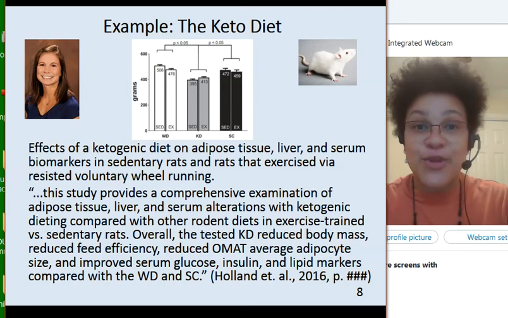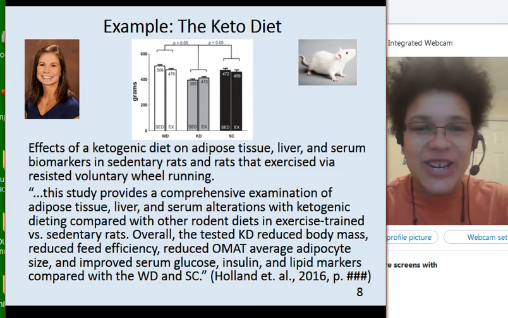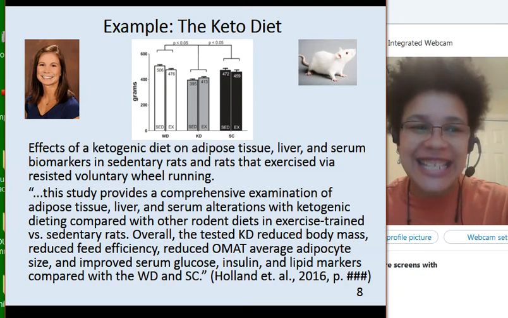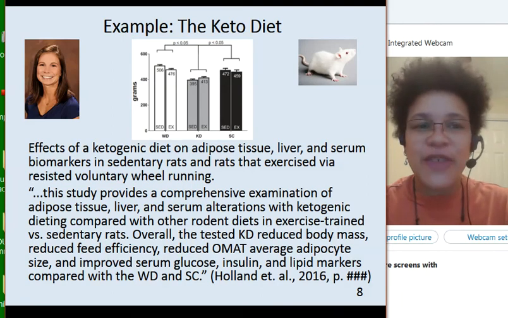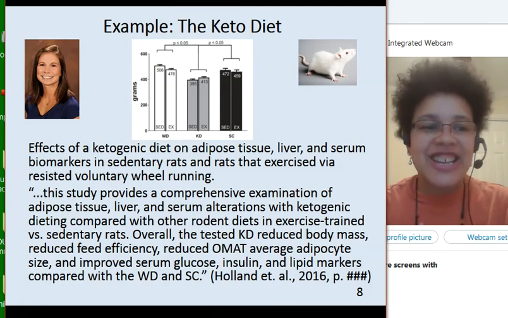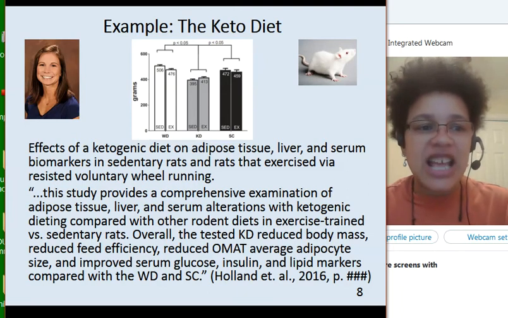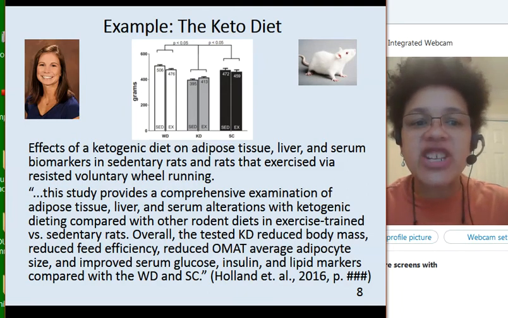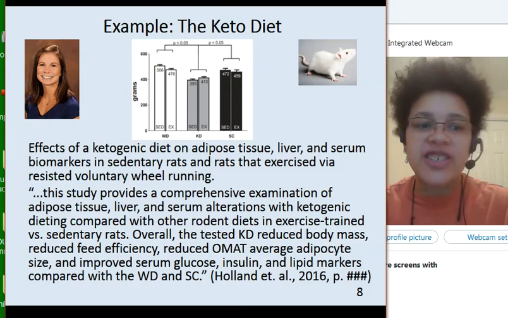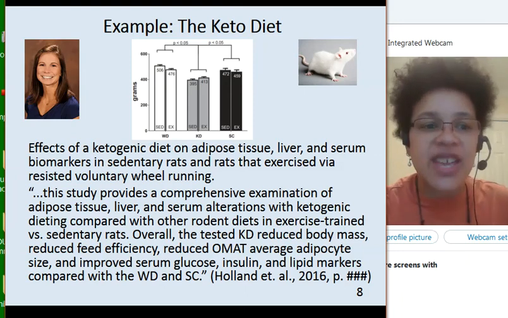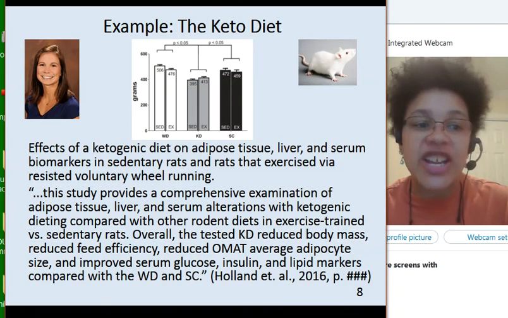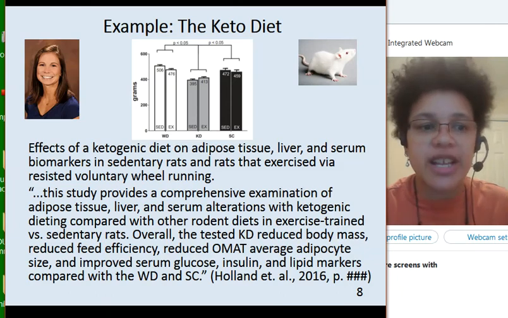So here's an example: the keto diet, or ketogenic diet. One of our wonderful professors, Dr. Holland, here at Augusta University, wrote a paper with colleagues titled "The Effects of a Ketogenic Diet on Adipose Tissue, Liver, and Serum Biomarkers in Sedentary Rats and Rats that Exercise via Resisted Voluntary Wheel Running."